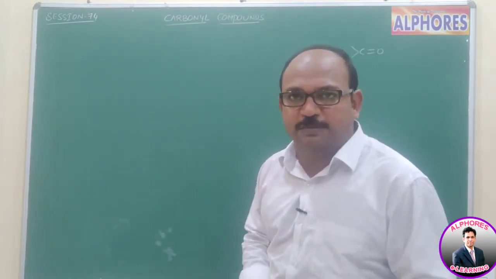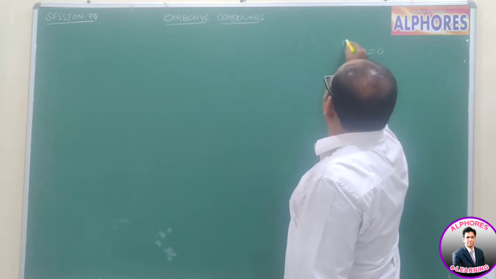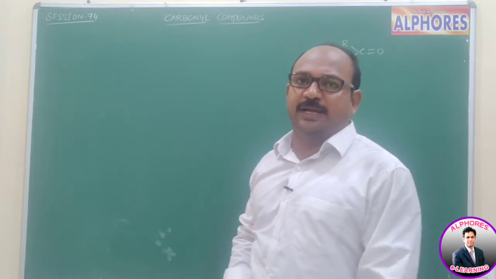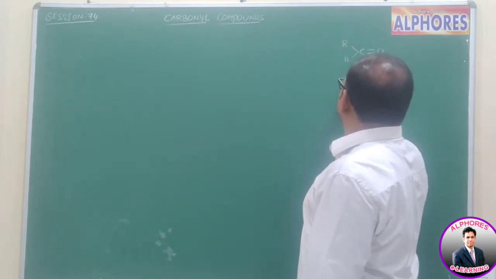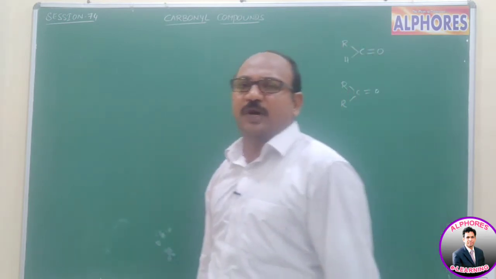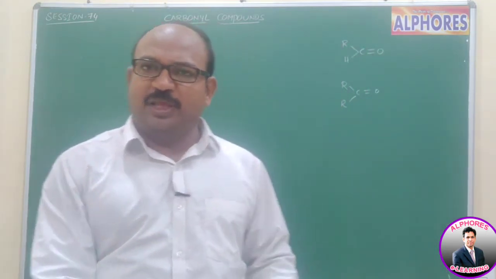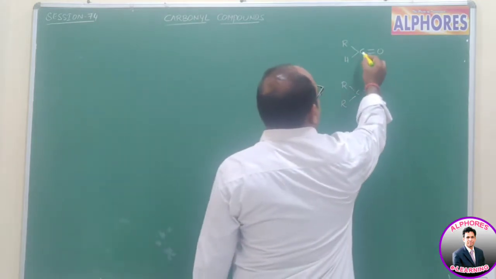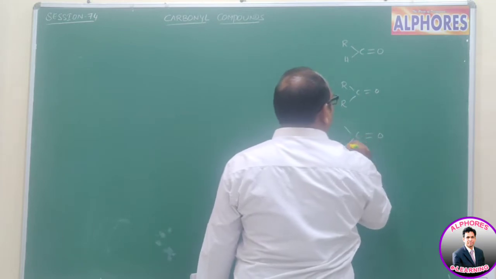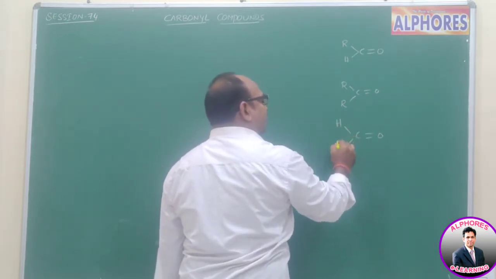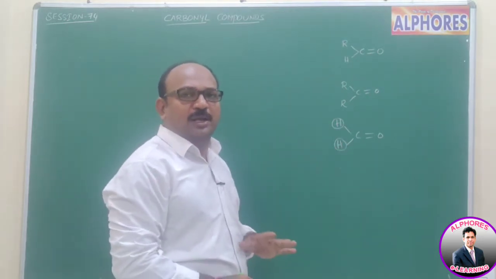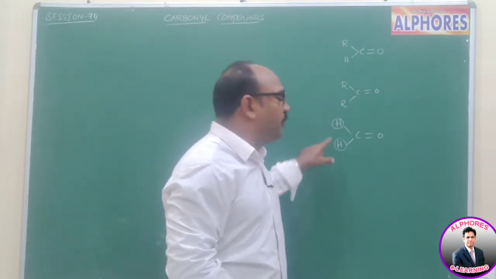Carbonyl compounds are of two types. Those which have the formula R-C=O-H, these are what we call aldehydes, and those which have the general formula R-C=O-R, this is what we call the ketones. Simply, in the carbonyl group, carbon has 2 valencies engaged with C=O and another 2 valencies. If both valencies are satisfied by 2 hydrogen atoms, then we call it formaldehyde.